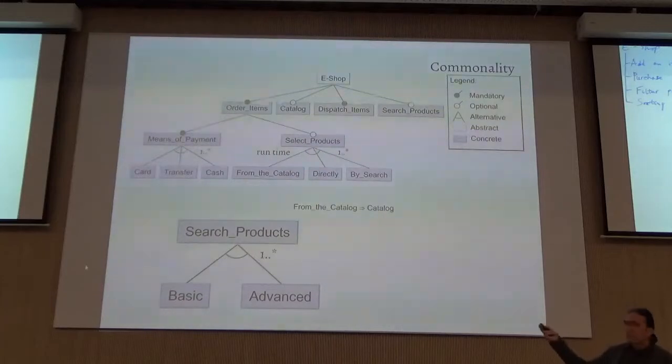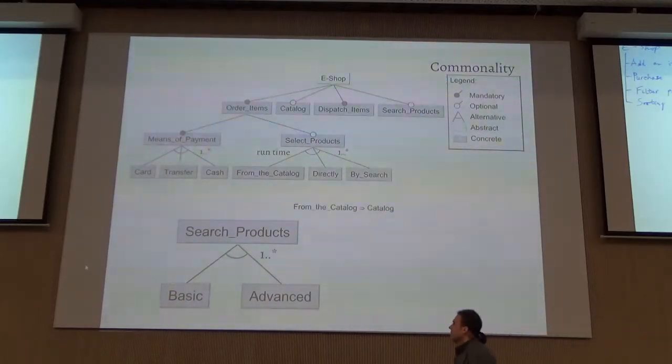We've been talking about variability. The opposite of this is commonality. So we are showing common features. Some features are mandatory features, common features, but we see that we can have even common features deeper in this structure. So you can decompose even these subfeatures which are actually variable. In this case, specifically, they're alternative.